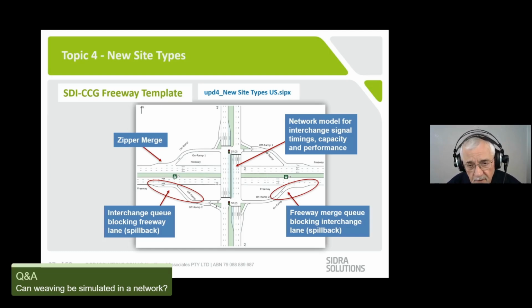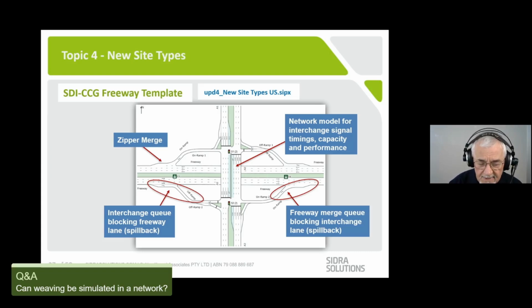With the freeway networks, of course, the Highway Capacity Manual has a well-established weaving model, which we could include as well. However, in our networks, so far, we haven't really gone for freeway system modeling as such.